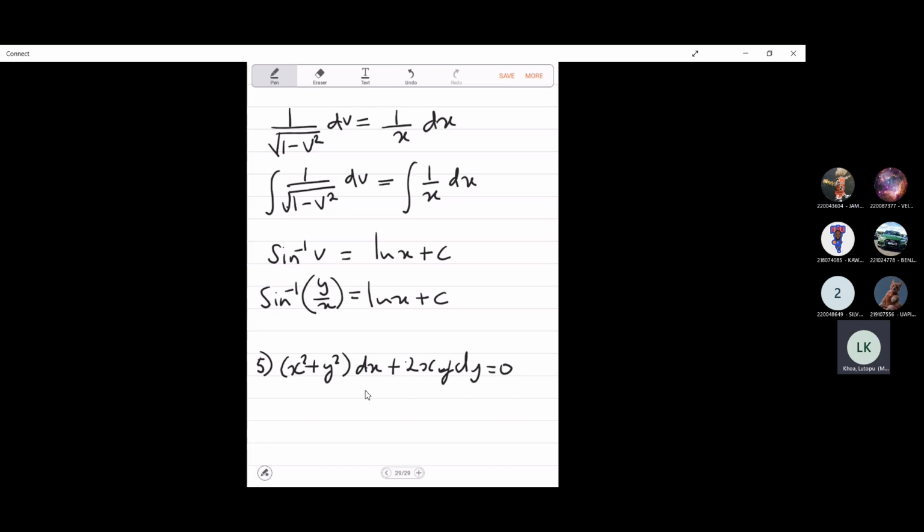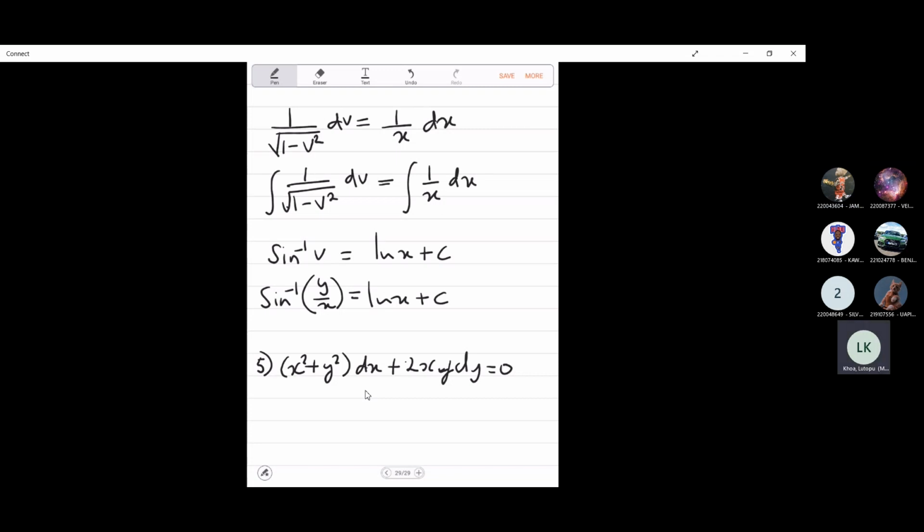Okay, so again, we can divide everything by xy, and then we will see that it is in fact separable. It is in fact homogeneous. Okay, but before that, let's write it in the form dy/dx.